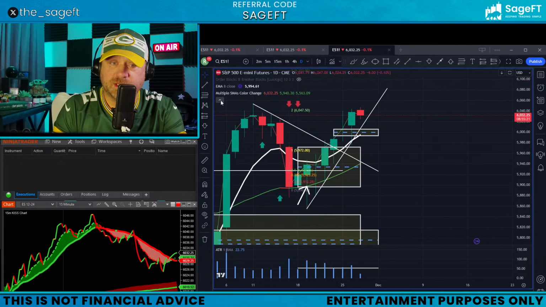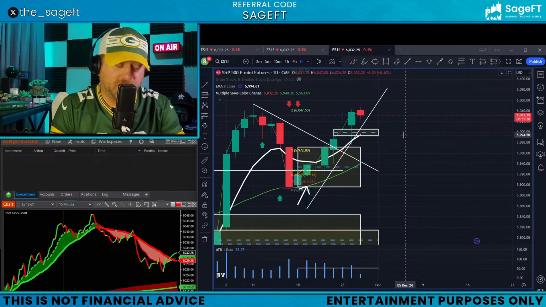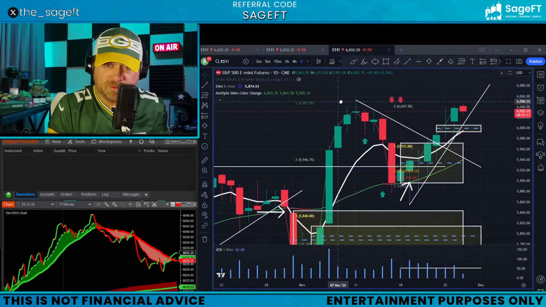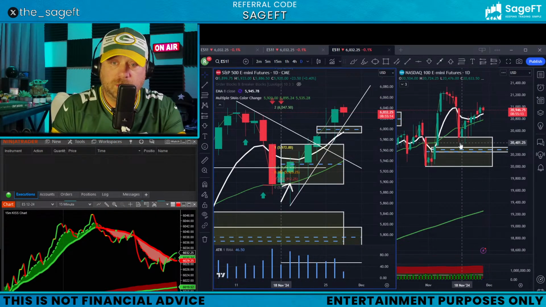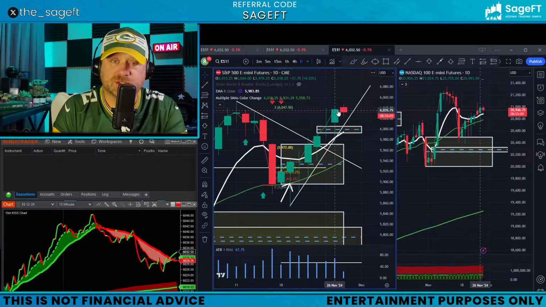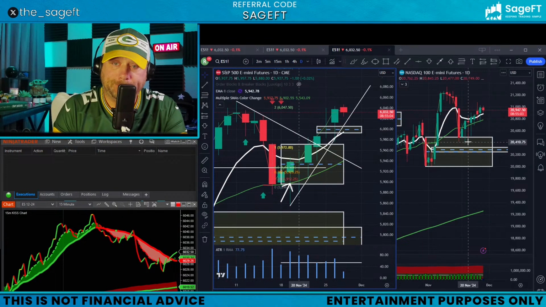Now this is going to sound weird, right? The play was to trade the ES off of the NQ order block on the daily chart. You see it? This is what we played, right? They drew on liquidity here.